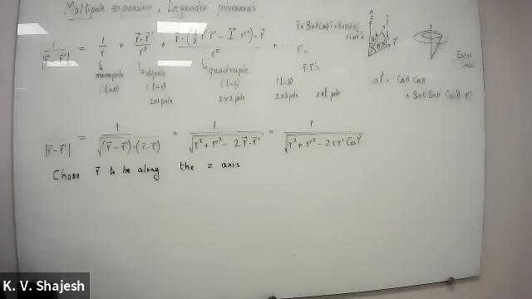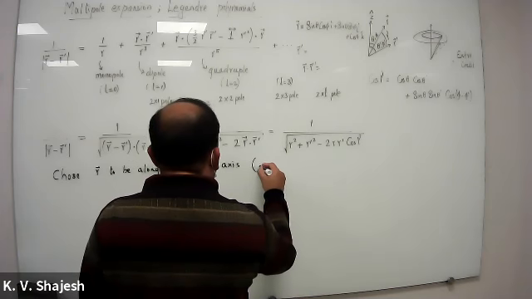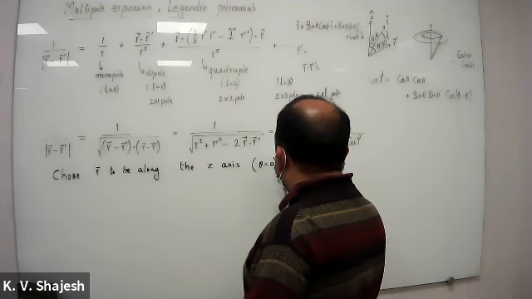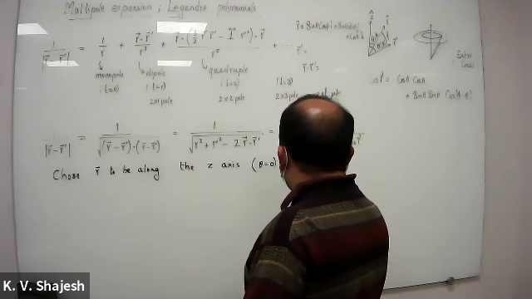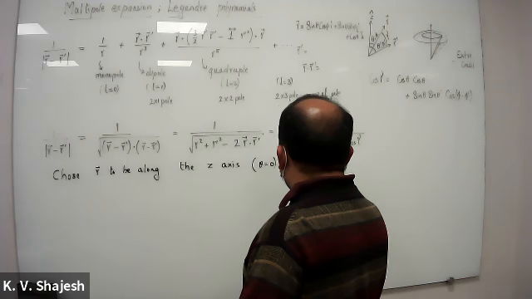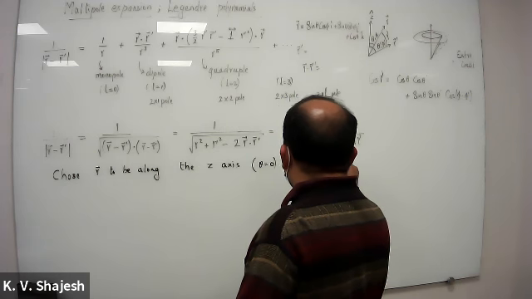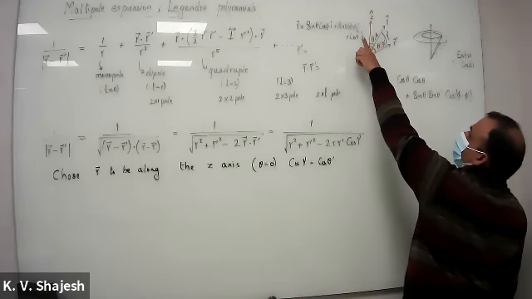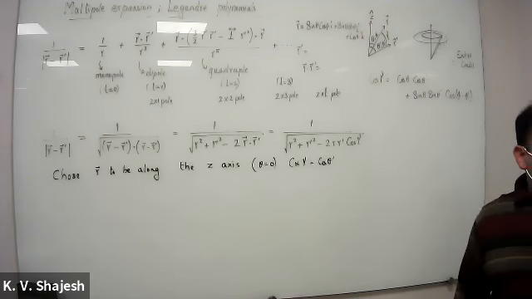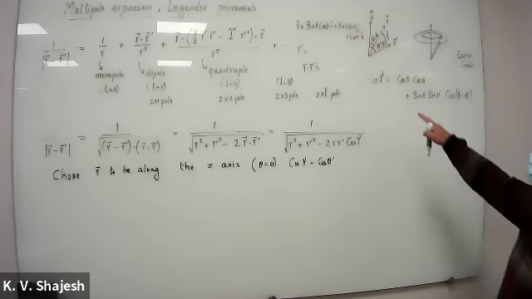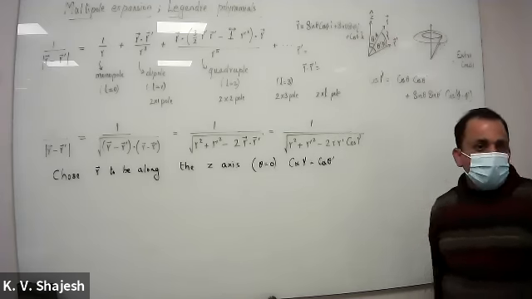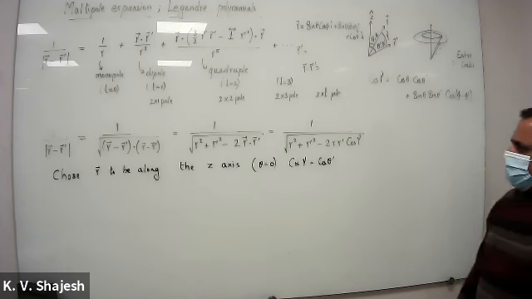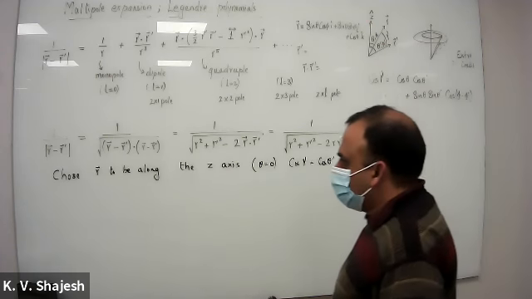That means to say that theta is equal to 0, which implies that cosine of gamma is actually equal to cosine of theta prime. When you choose this r to be along this direction, theta prime becomes equal to gamma. That's just an unnecessary simplification at this stage, but let's do that.